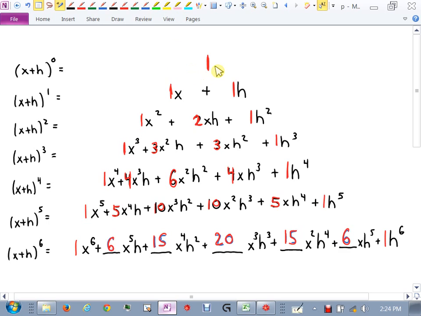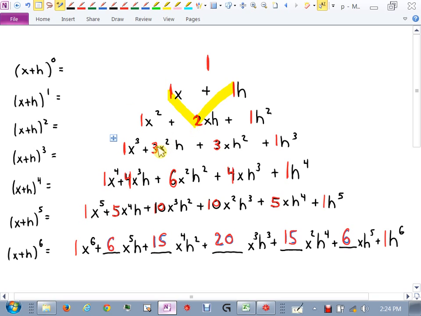So we started with 1 term, 2 terms, 3 terms, 4 terms, 5 terms, 6 terms, 7 terms, right? When you get to this row right here, the third one, the number in the middle was the question. Where does the number in the middle come from? Because the edges are always 1s, right? The number in the middle comes from the sum of the previous 2.